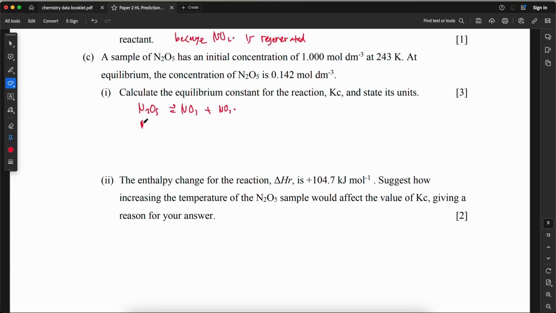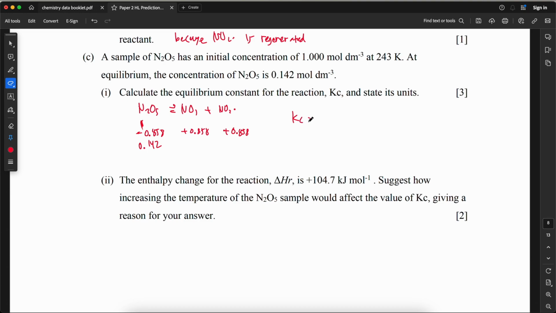The initial concentration of N2O5 is 1 molar, and after the equilibrium it will be 0.142. So 0.858 are consumed, so 0.858 of NO3 are produced, and 0.858 of NO2 are also produced.